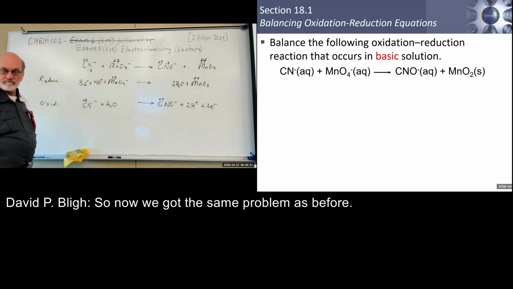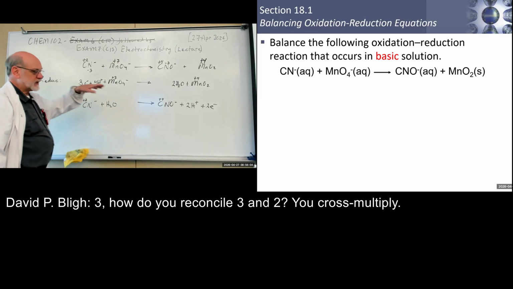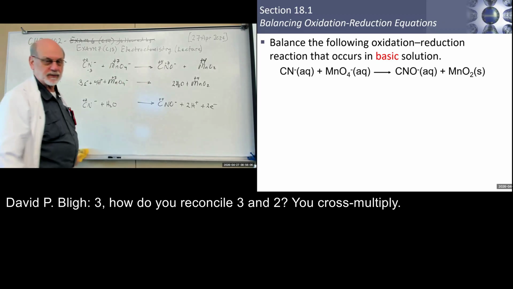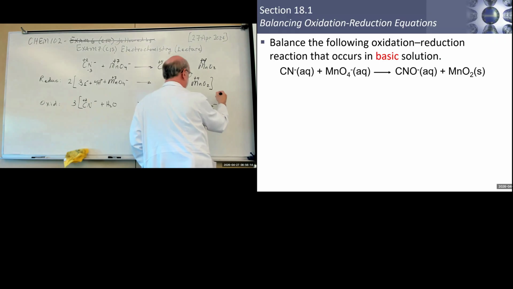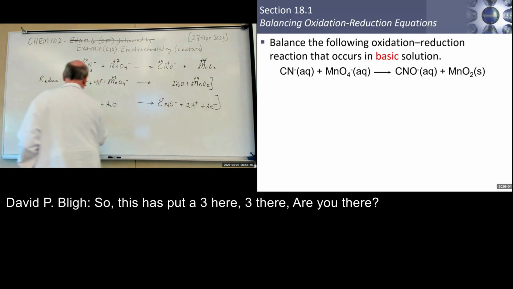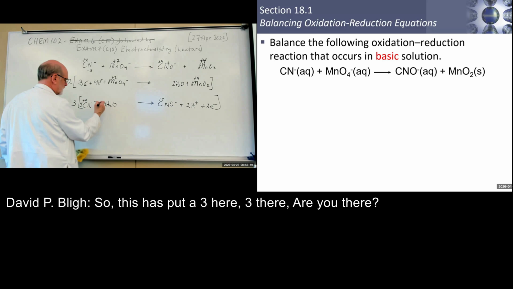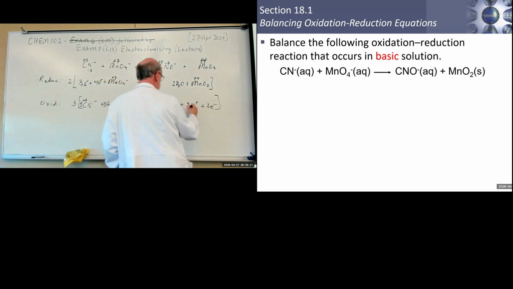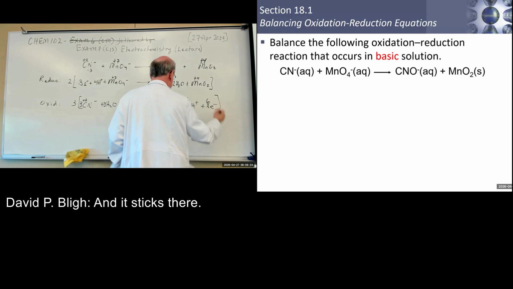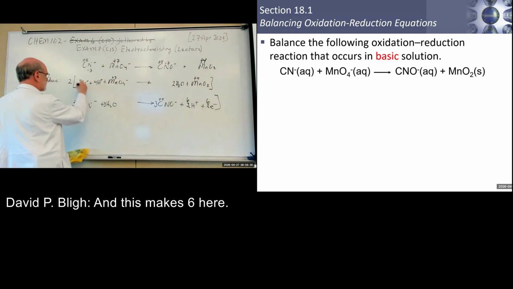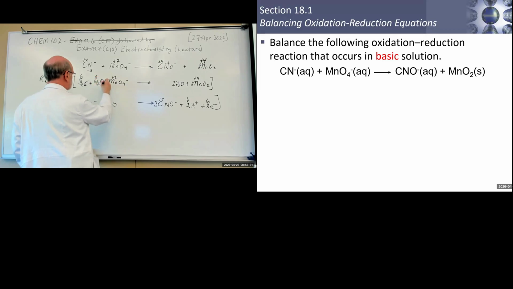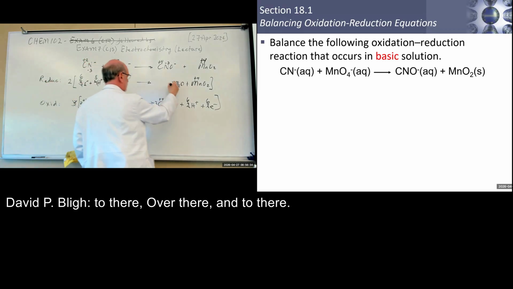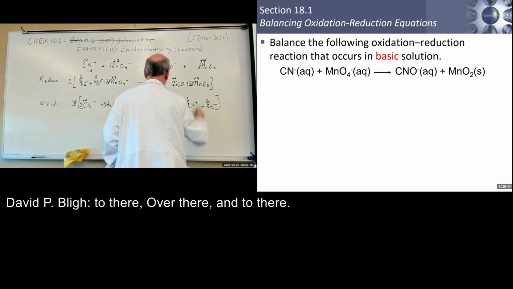So now we got the same problem as before. 3, how do you reconcile 3 and 2? You cross multiply. So this one's going to be 2 times that, and this is going to be 3 times that. Right? So put a 3 here, 3 there, 3 there, 6 there, and a 6 there. And this makes 6 here, 8 here, 2 there, 4 there, and 2 there.